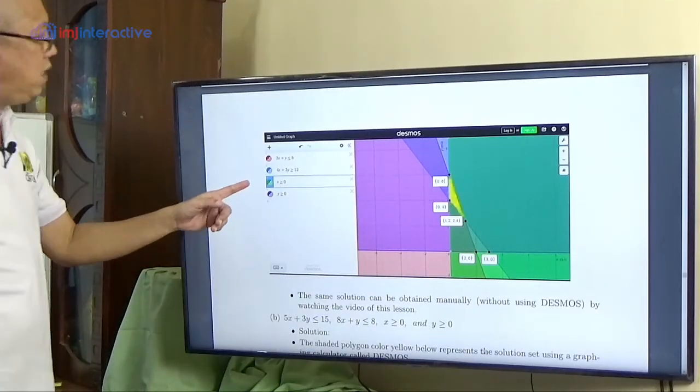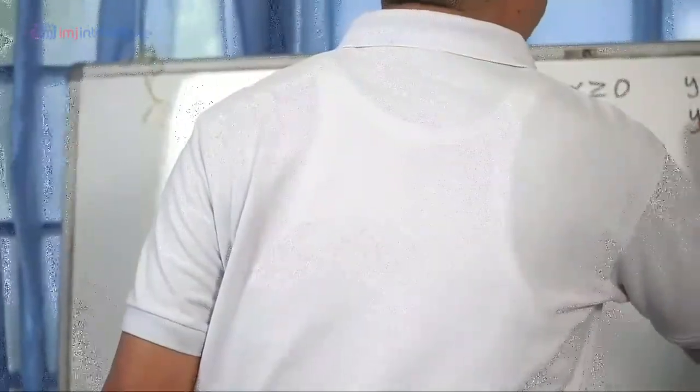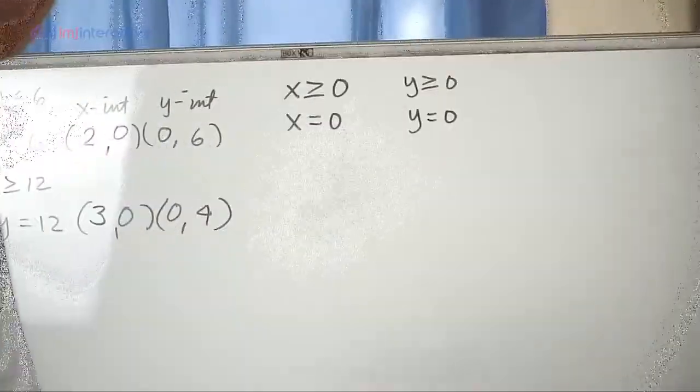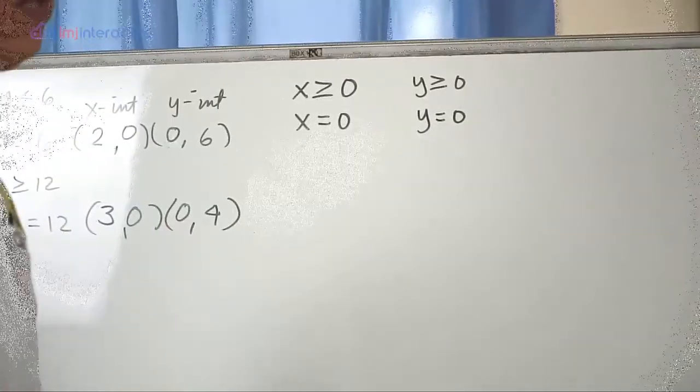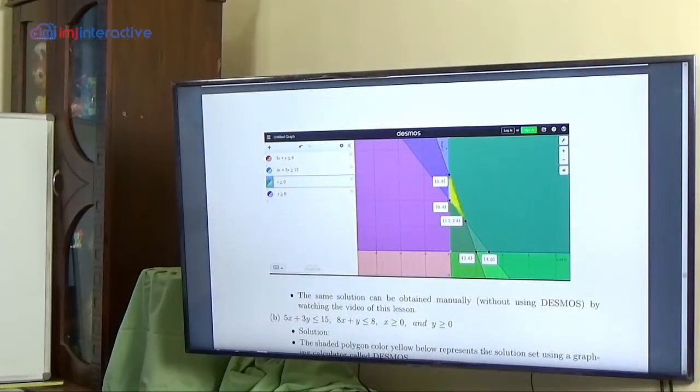What about x greater than or equal to 0? The corresponding equation there is x equals 0. When you say y is greater than or equal to 0, the corresponding equation there is y equals 0. When you are given an equation and you only have the variable x, the graph of which is always a vertical line.